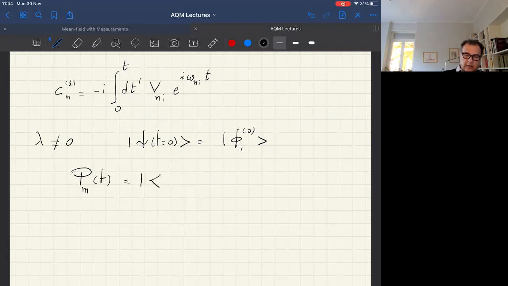What I wrote before is wrong. So I just have to take psi of t, phi 0 of M, modulus squared.